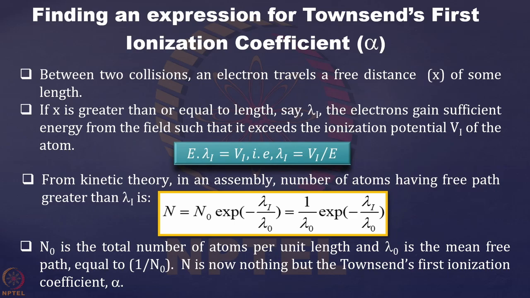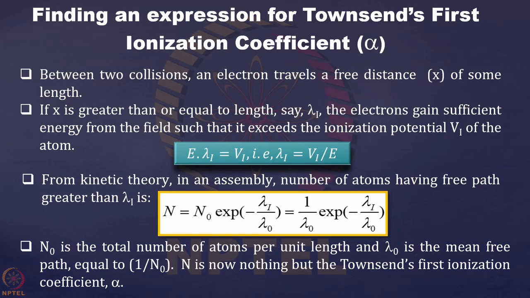If it gets an average free path of x, then the electric field E will produce a force on it, which will be e into E. This force into the distance, the average distance x, will give you the energy that has been produced. So if the energy that it gains is sufficient to cross the ionization potential of that atom, then it will be able to ionize it.